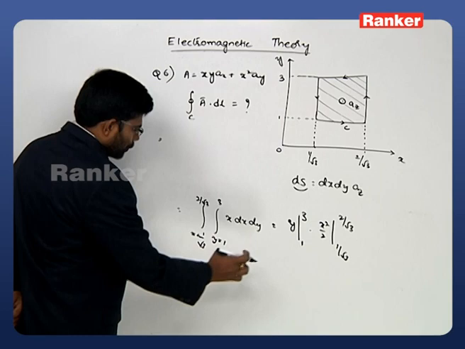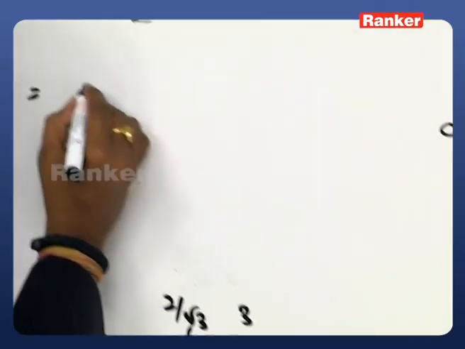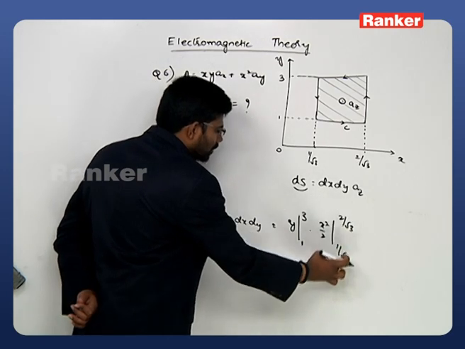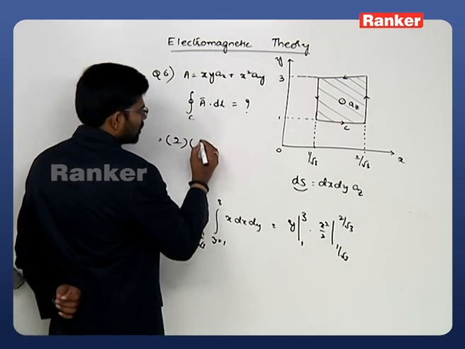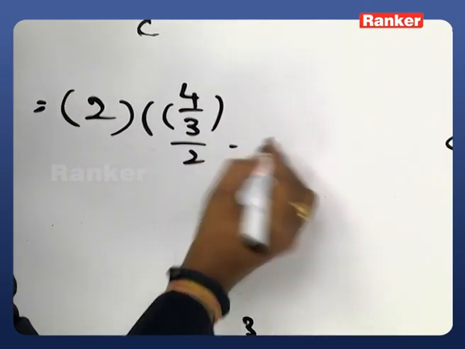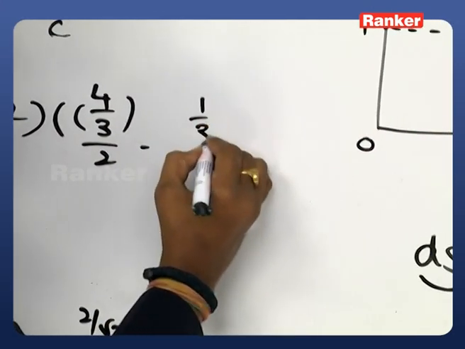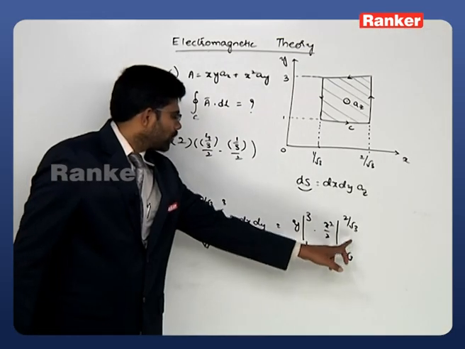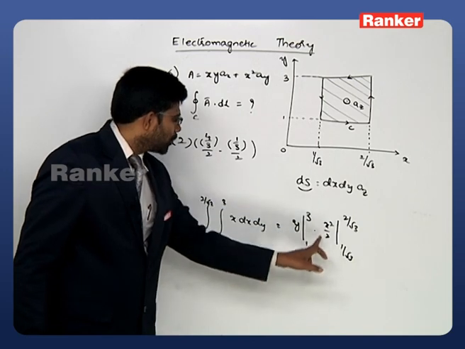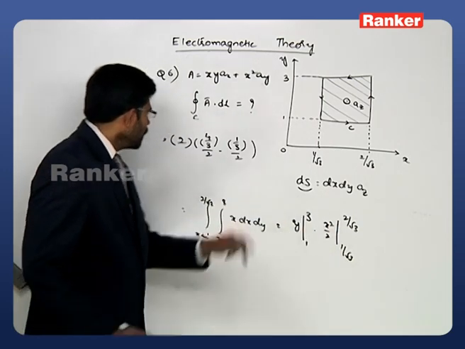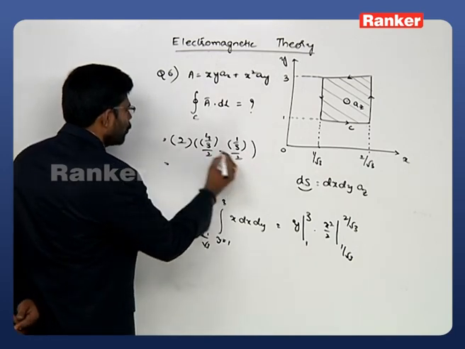Now y from 1 to 3 gives just 2, and x square by 2 from 1 by root 3 to 2 by root 3 gives 4 by 3 by 2 minus 1 by 3 by 2. So the upper limit is 2 by root 3, x square is 4 by 3 by 2, minus the lower limit 1 by root 3, that is 1 by 3 by 2, which is equal to, 2 will be cancelled.